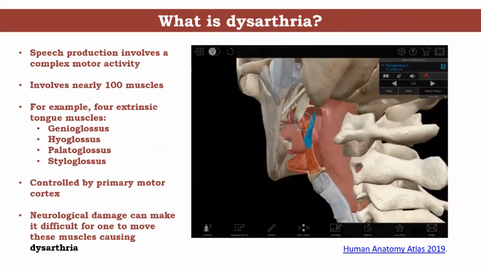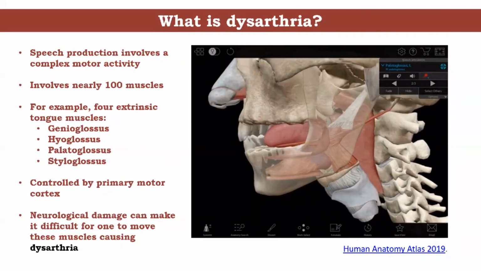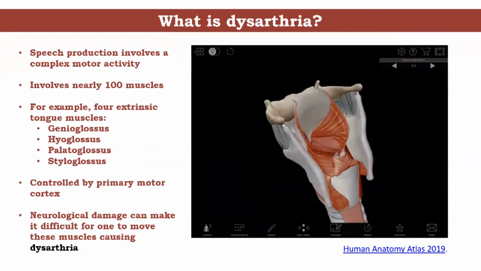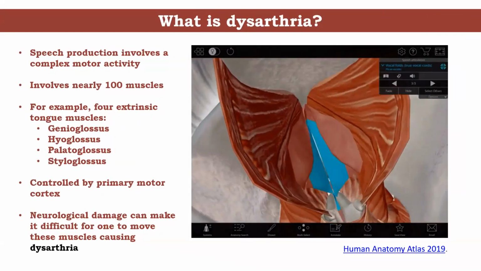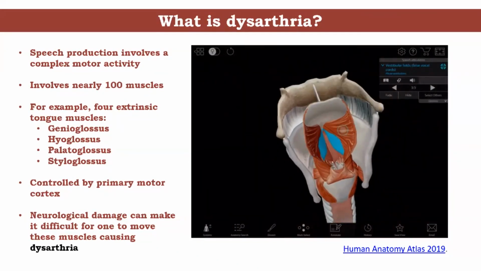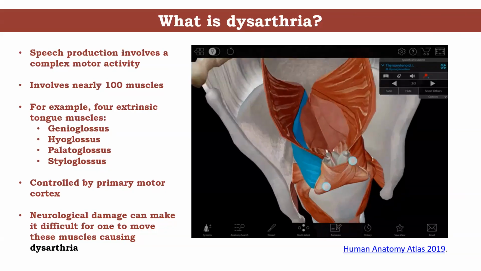All of these muscles are controlled primarily by the motor cortex, which talks to other parts of the brain that control language and others. Together they work to speak certain sounds, or sequences of sounds, words or sentences. It's a very complex process, more like an orchestrated process.